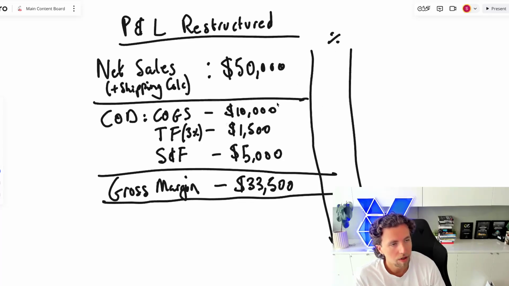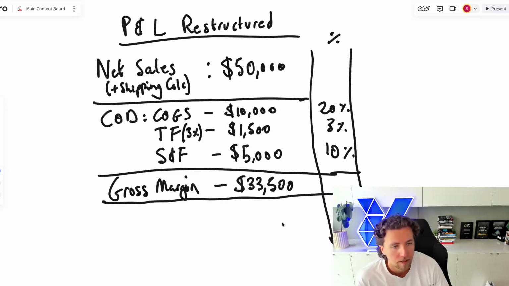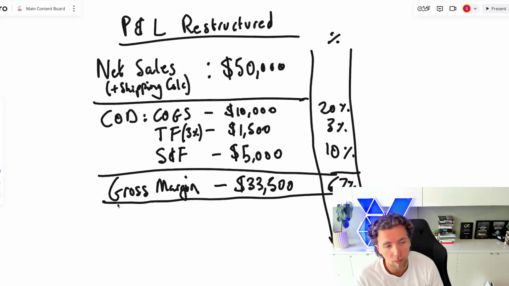And so I want to know how much is cost of goods as a percentage of total revenue. How much is transaction fees? How much is shipping and fulfillment? And then how much is gross margin? Which this is double 33, so this is 67%. This is a solid gross margin, or right about where you'd want it.